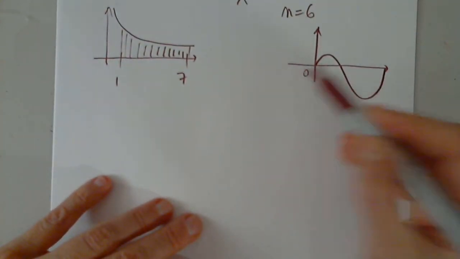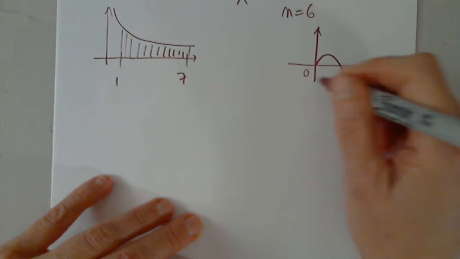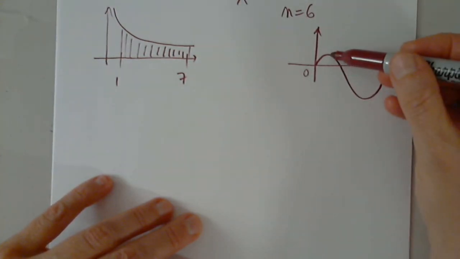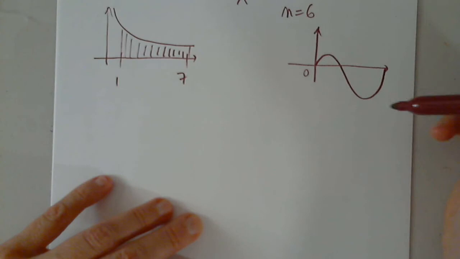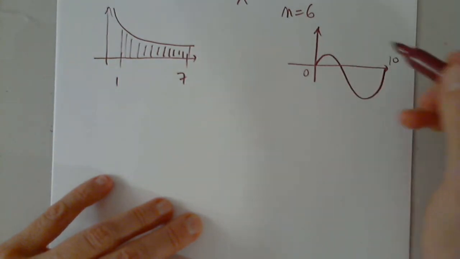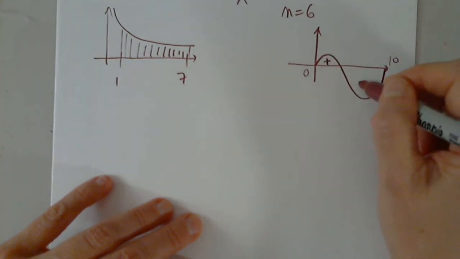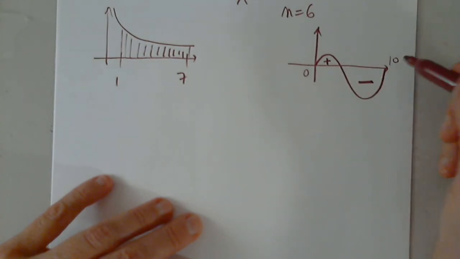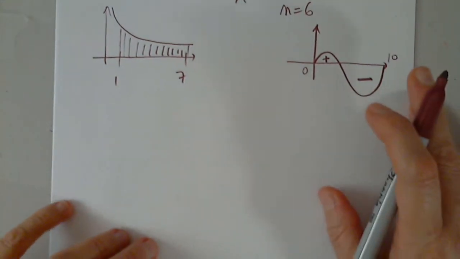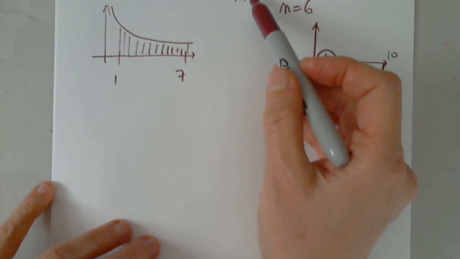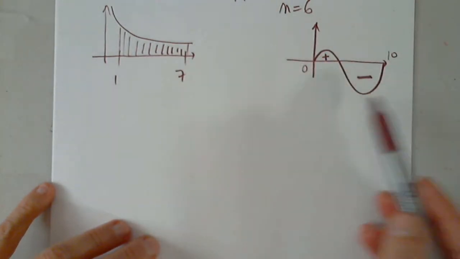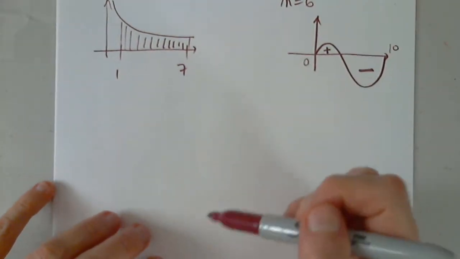If I have to calculate the area under this graph, in other words, between the function and the x-axis, between 0 and 10, this will be a positive area, but this will be a negative area, so the answer will be negative. So don't be surprised. Not in this case, because the function is positive. If the function is always positive, I cannot have a negative area.